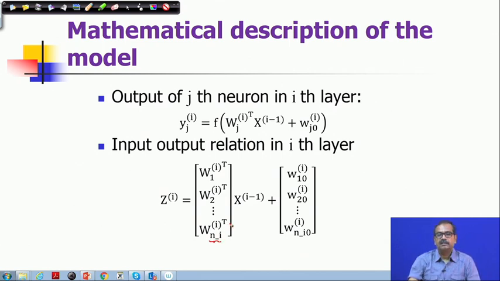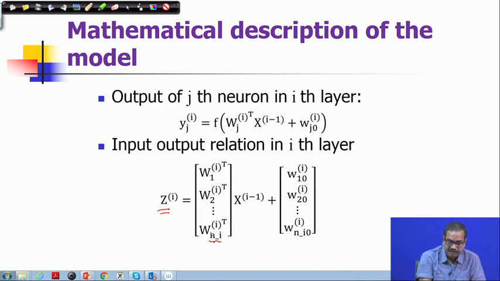For each one there is a weight vector which is connecting all the neurons of the previous layer. This is how the relationship can be expressed. As you can see, each input weight vector makes a weighted sum with respect to the components of the previous layer, and then it generates the output of the ith layer.